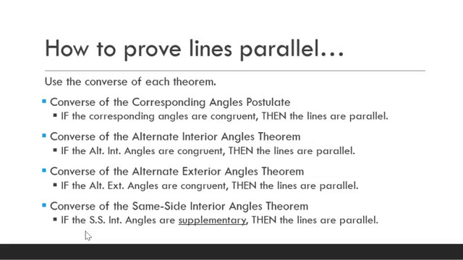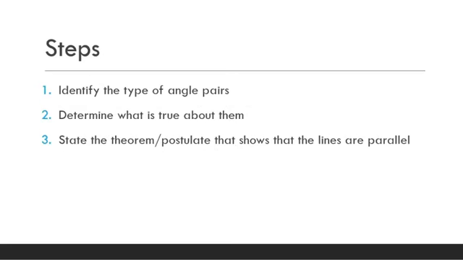So the basic idea of using these theorems is to say what kind of angles you have, say what you know about the angles, then you can conclude that the lines are parallel by naming one of these theorems. So let's take a look at the steps to writing an explanation as to why lines are parallel. Okay, so the steps are very basic.